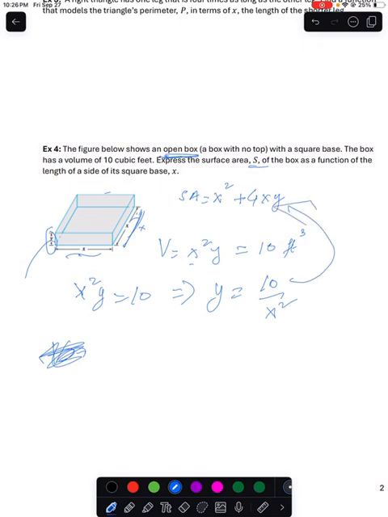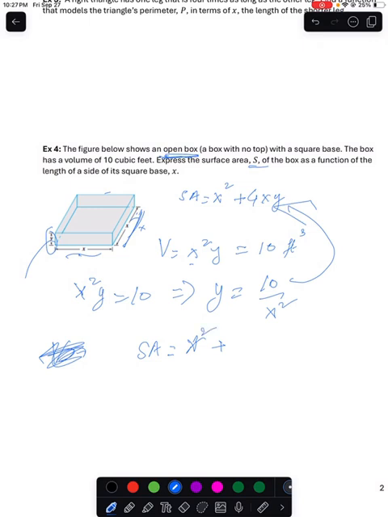So S will be equal to x squared plus 4 times x times 10 over x squared.